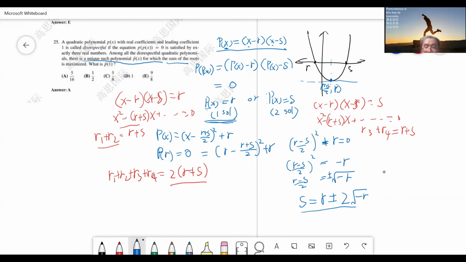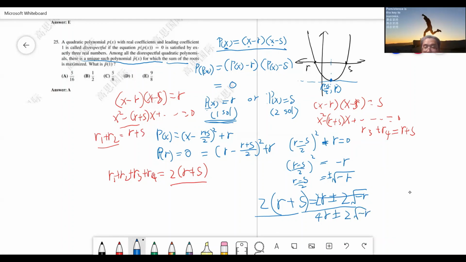We're going to work here to find the maximum of these. So we're going to add r to both sides. Now you can see we have 2r here, so we're going to multiply by 2 here so that we have 2s. Then this can become 4r plus or minus 2 square root of negative r.